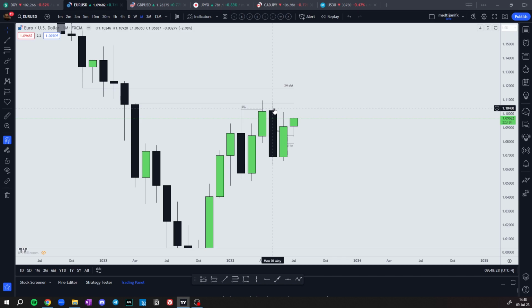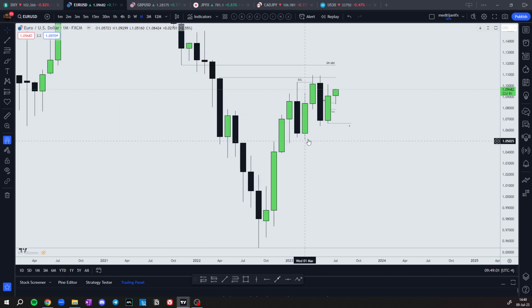So if price takes this low here, it's going to take these equal lows right here, and maybe fill the monthly CB below, as the dollar fills the monthly CB higher.